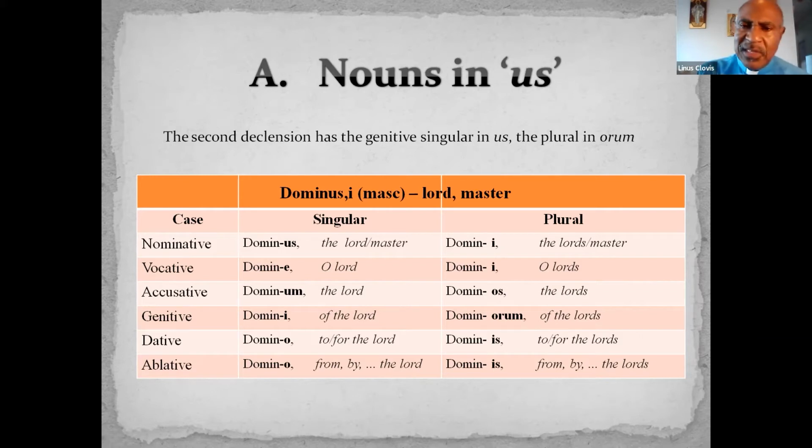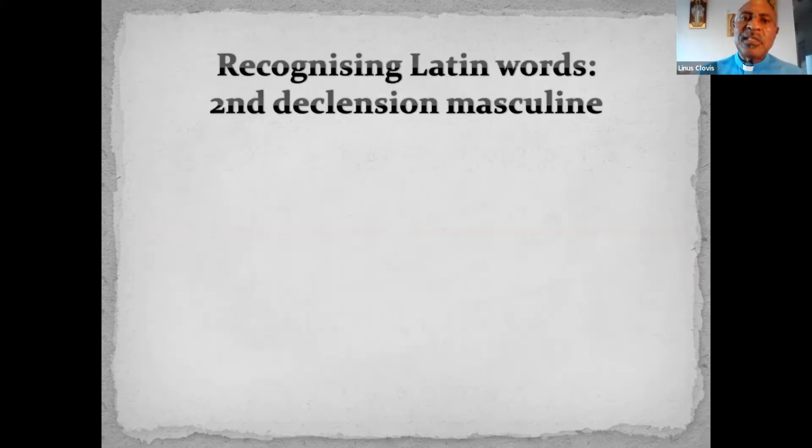So having said this, we can go to the next section, which is basically recognizing Latin words of the second declension masculine, because there's also second declension feminine and second declension neuter. So we're going to start off with the masculine and recognize them.